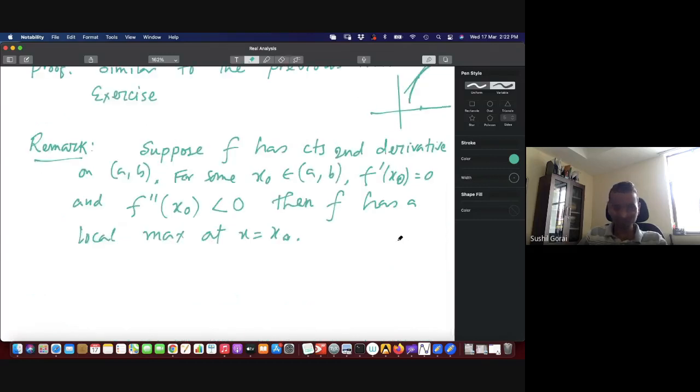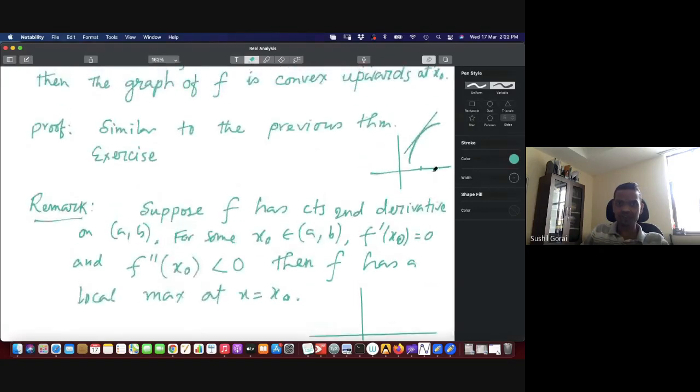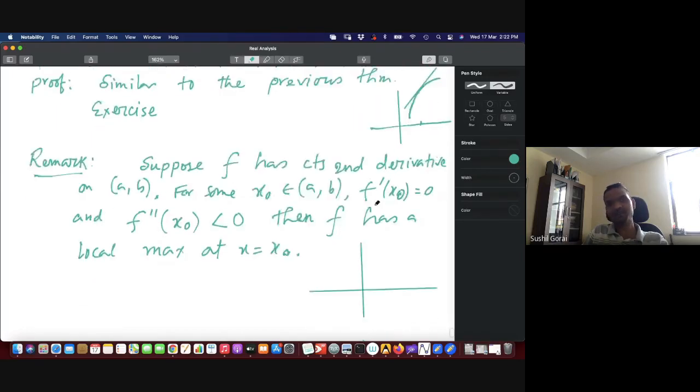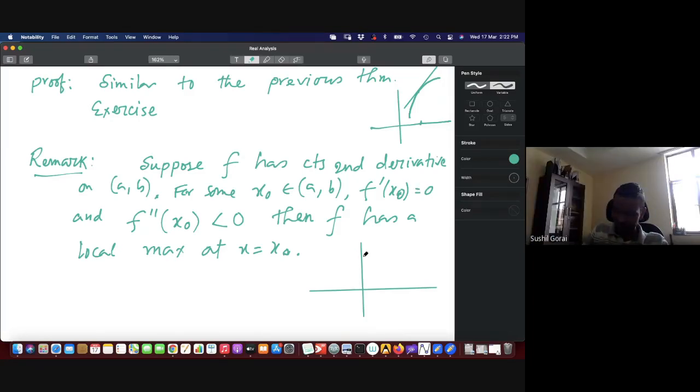Now, in this case, what will be the picture? Here the tangent can be any line, right? But when f prime of x naught equals 0, what will be the tangent at x naught? Parallel to the x-axis.